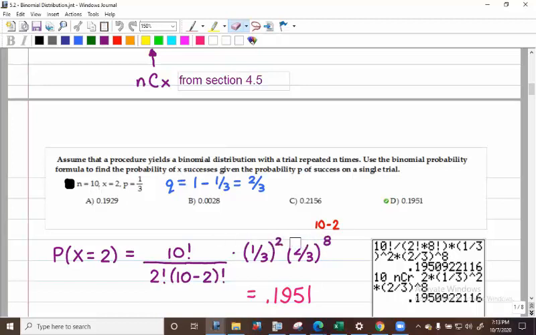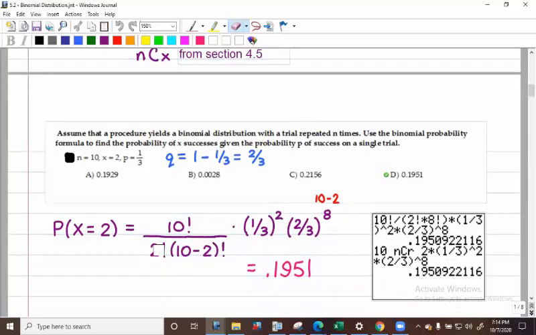If you're doing it 10 times and you're measuring 2 successes, you would have 2 successes and 8 failures. But the combination part here just takes care of all the possible orders they can appear in, because it can appear in more than one order. So this takes care of that part of the formula.